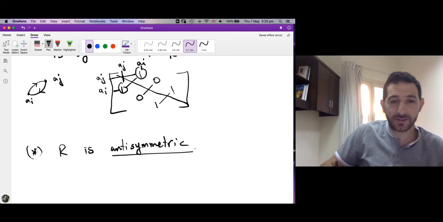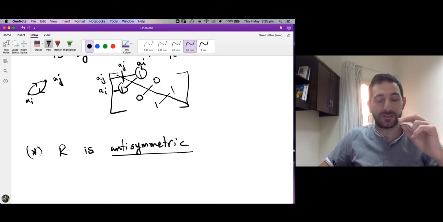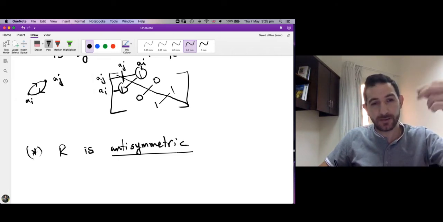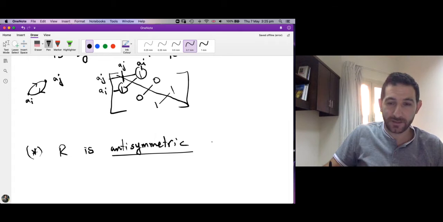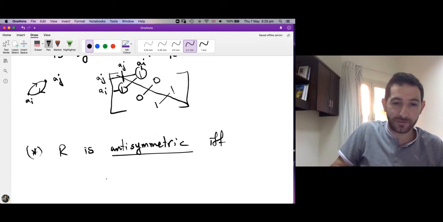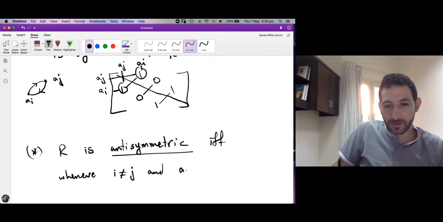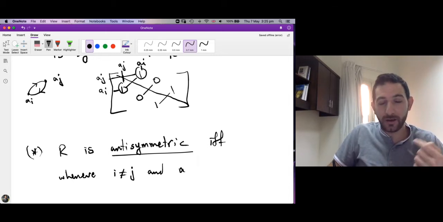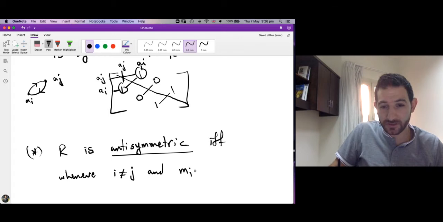Okay, antisymmetric means that if two distinct elements and the first is related to the second, then the second is not related to the first. So R is antisymmetric if and only if whenever we have two distinct elements, AI is related to AJ, this means that MIJ is 1.